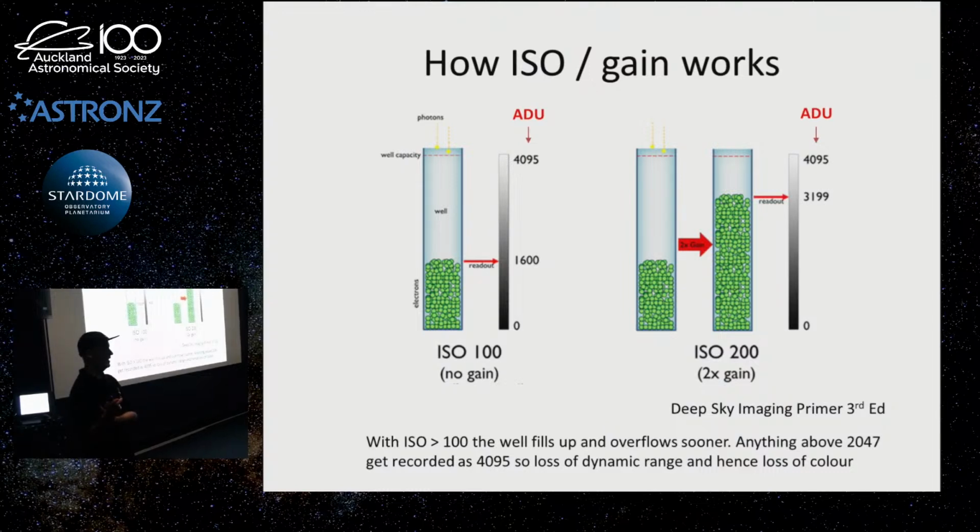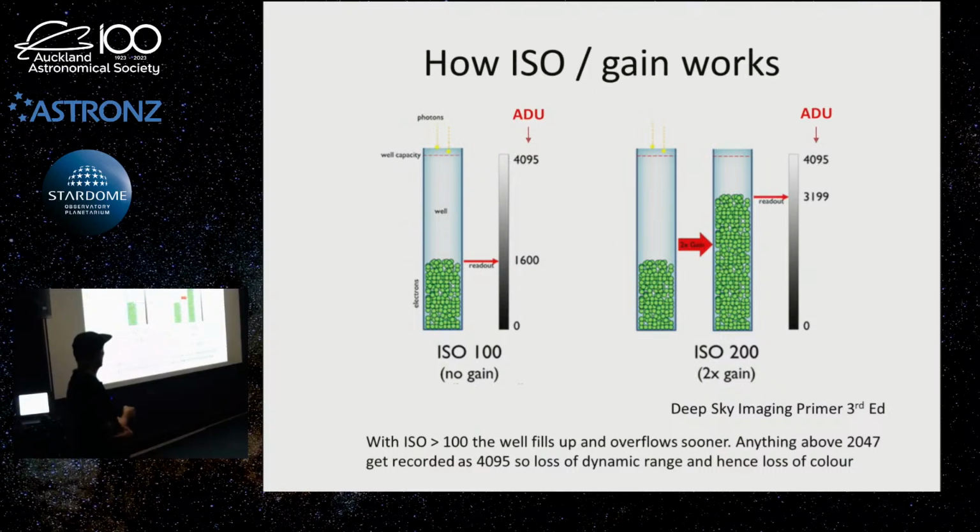I'll explain that now. Photons come in and hit the sensor, and ideally each photon kicks off an electron, and then the electrons are stored inside a well in the sensor. This well is one pixel in the sensor.